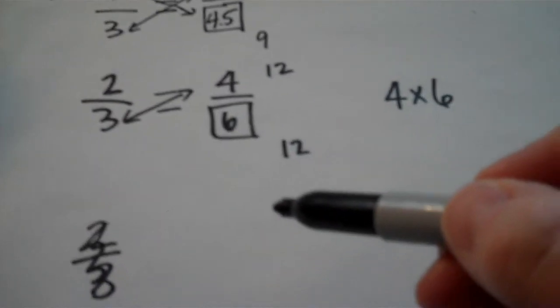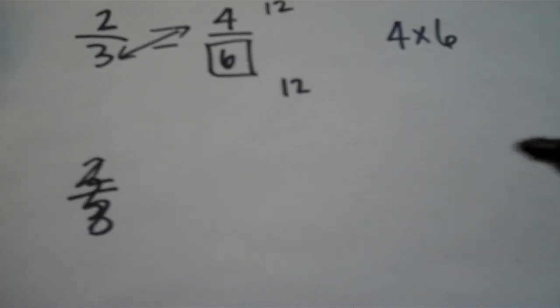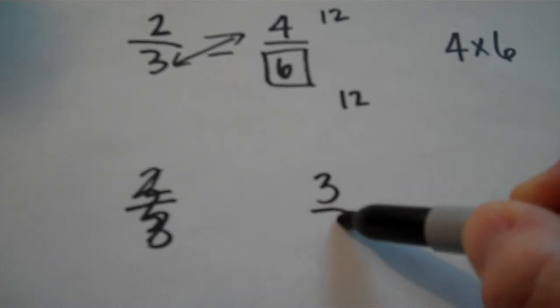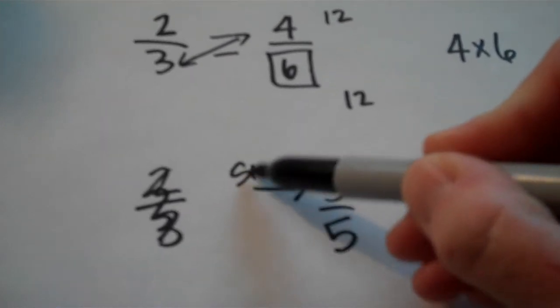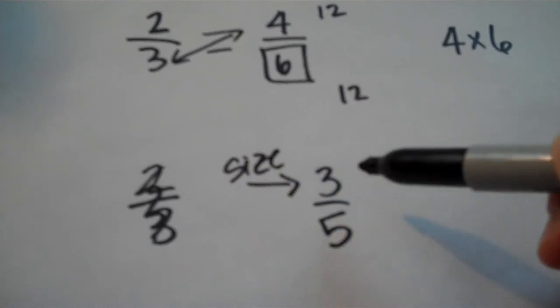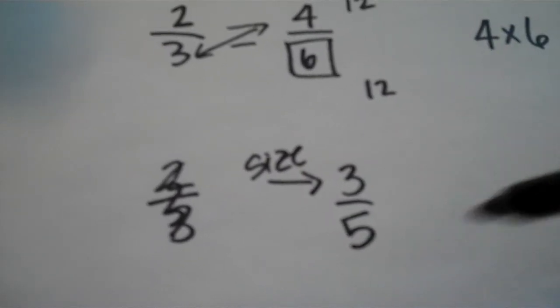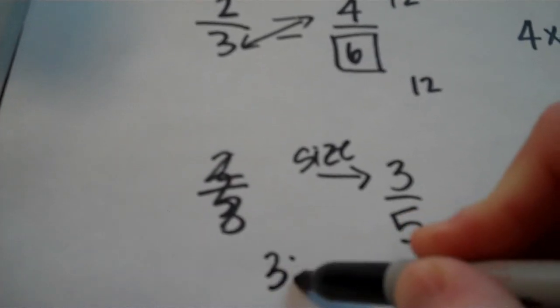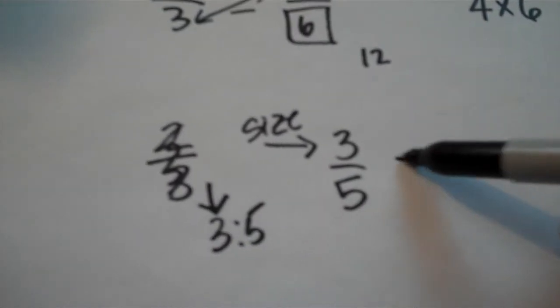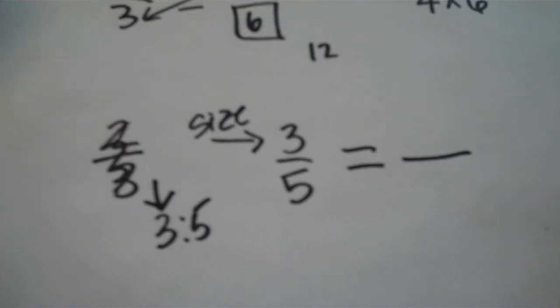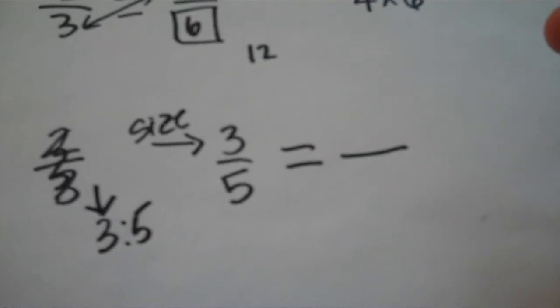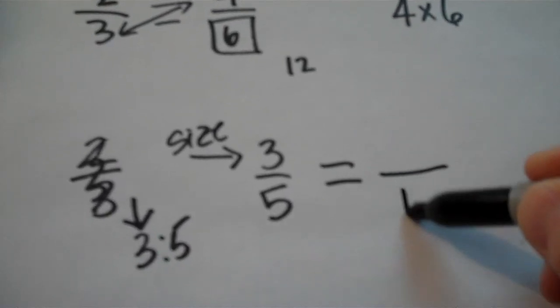If we take another, let's use 3 over 5. And this is our size. Okay? Size is always on top, or the first number in the ratio. So 3 by 5, and let's just say we want a width of 10.